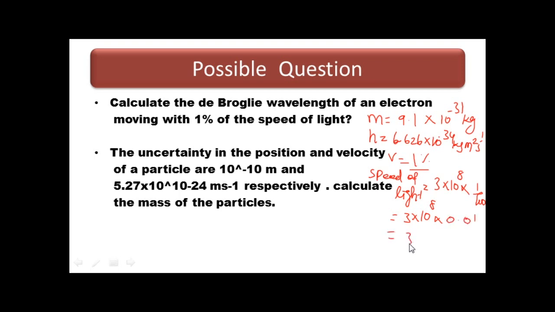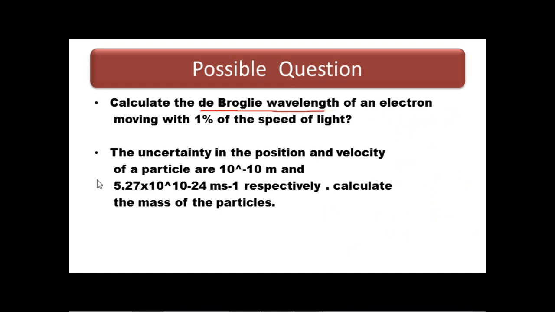The answer is 3 × 10^6 m s^-1. Okay, so this is the velocity. We already know the formula. What is the formula? Lambda equals h by m into v. So what is the question? Calculate the wavelength.